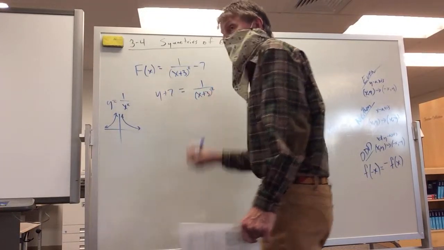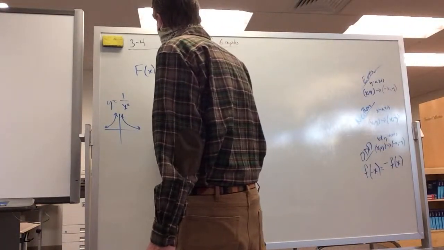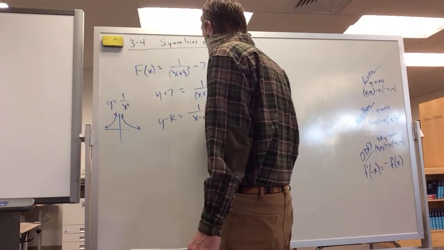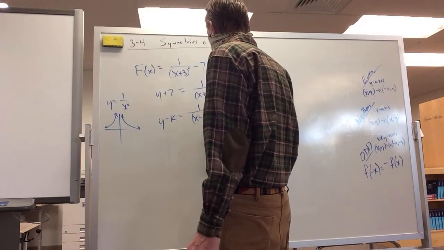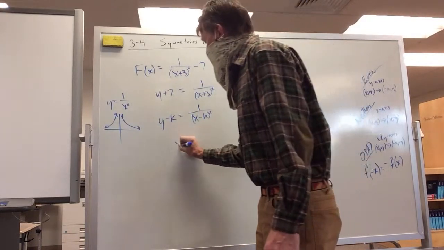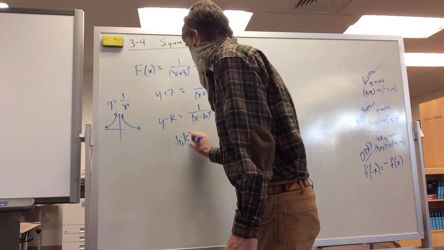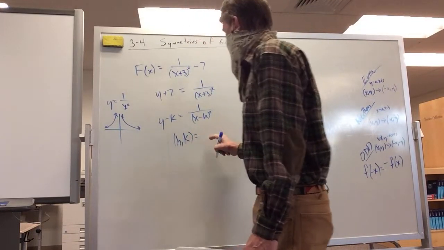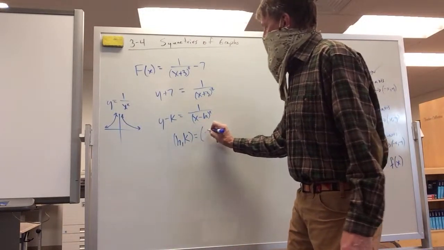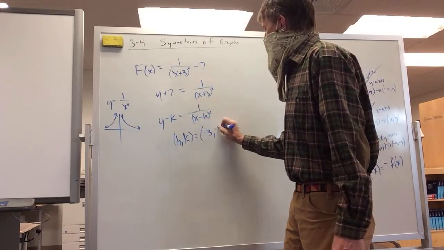Now we go back to our graph translation theorem. This is y subtract k, x subtract h. So now the question is, what are the h and k? What's h? h is -3, and k is -7.